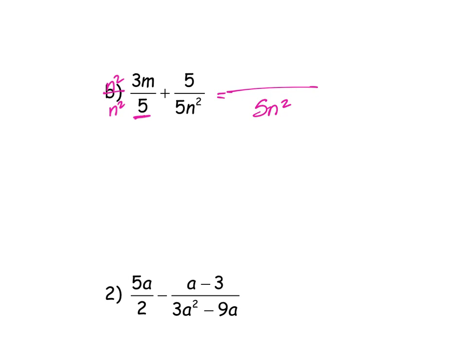So I'm just going to multiply the top. It's going to become 3m n squared plus 5. Can't simplify anything. That's it. I used the wrong letter when I wrote that. Sorry.